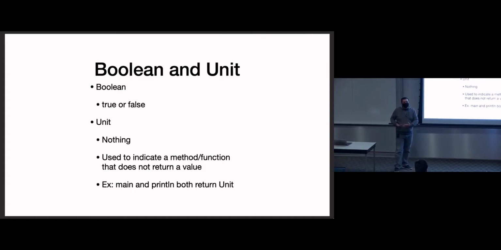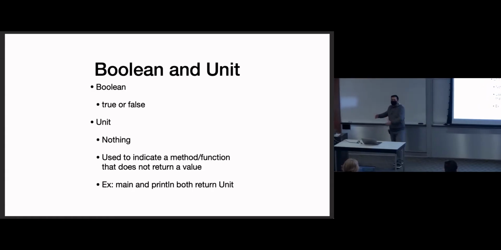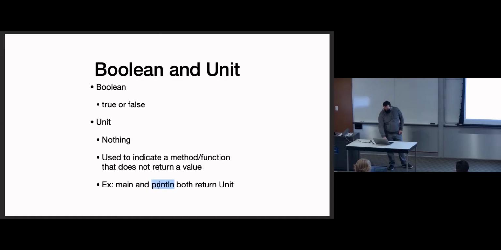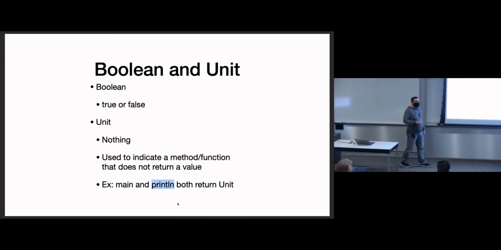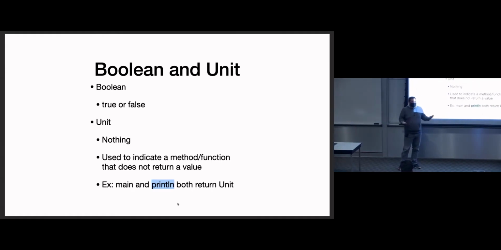It doesn't really make sense for it to return anything. So the return type of the main method is unit. We don't call a program to have it return something to the operating system or to IntelliJ. Print line also, we don't call that for its return value. We call it to print something to the screen, and it returns unit. Just doesn't return anything.